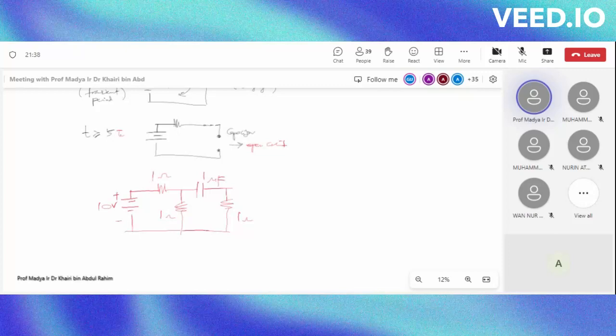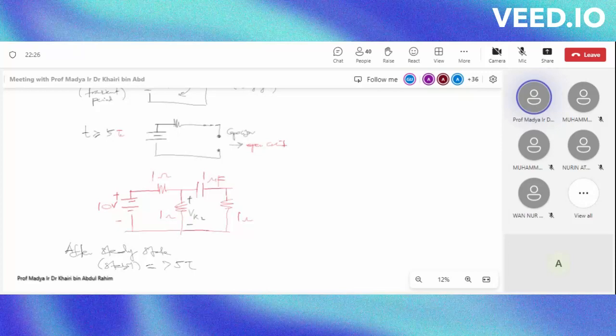So if let's say the question asks you what is the voltage, let's say what's voltage here, okay, and if the question asks you after steady state, you know that steady means stable, okay, you know that this equals to more than 5 tau, okay, remember it's stable means it's here, right, more than 5 tau.